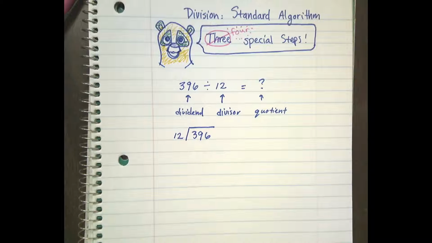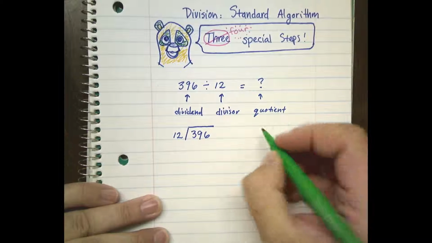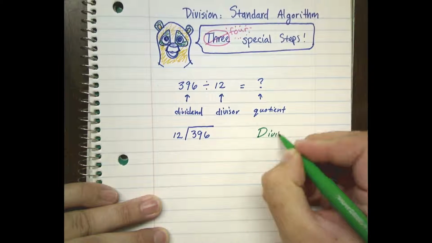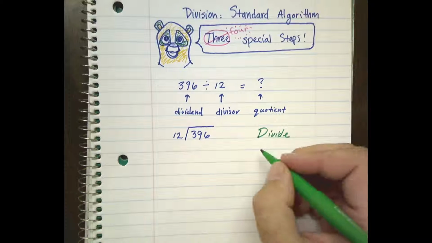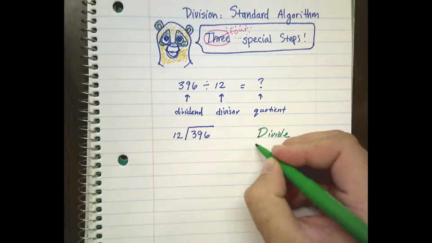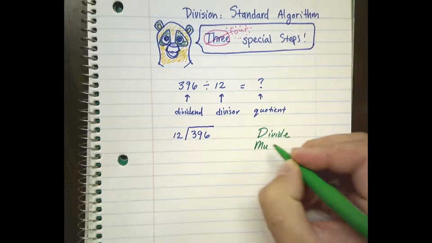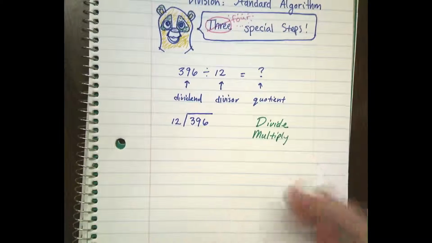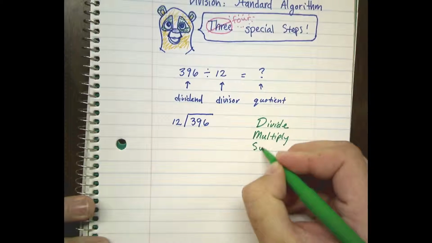So here are our 4 special steps. I think that's how the song goes. But anyway, I don't want to make a fool of myself. So here we go. Step number 1 is we are going to divide. D for divide. Our next step is to multiply. Our third step is subtract.